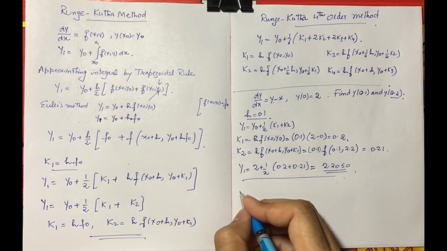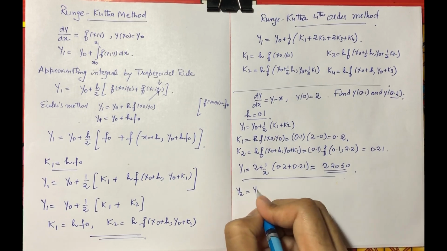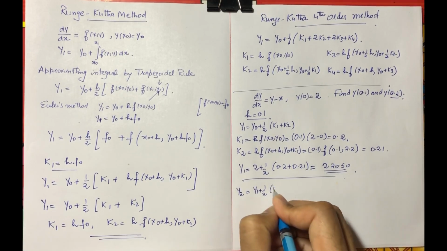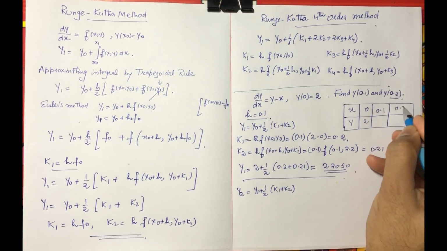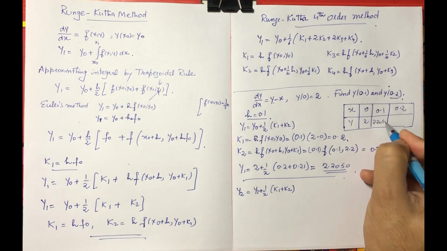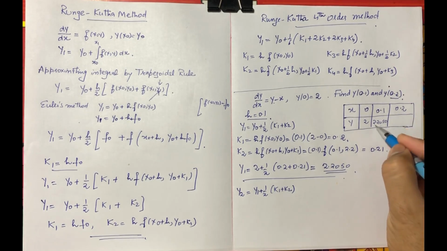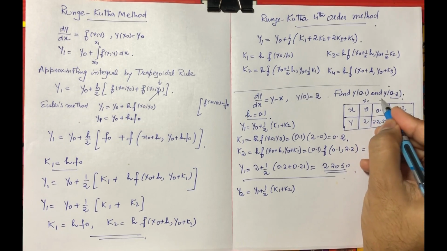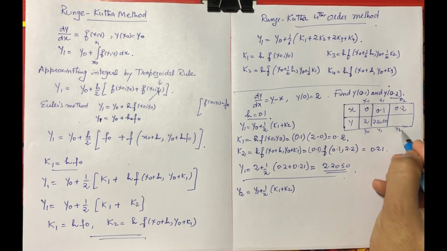To get the second part, again h is 0.1 and the formula becomes y2 equal to y1 plus 1 by 2 (k1 plus k2). The first solution is at 0.1, the second solution at 0.2. This we already calculated, this is 2.2050. Now to find this solution, the initial values are these values. We make use of this because here this is x0, x1, x2 and this is y0, y1, y2.